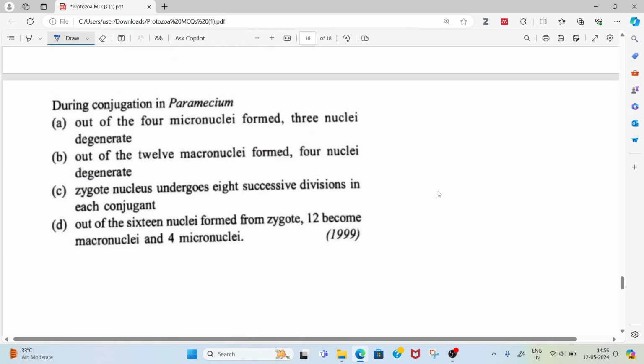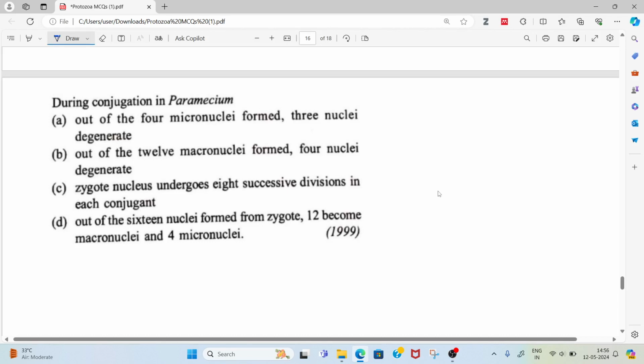Next question, during conjugation in Paramecium. This is a question on reproduction in Paramecium, and you have to choose the correct answer. Out of 4 micronuclei formed, 3 degenerate. Twelve micronuclei are never formed in Paramecium, so that answer is eliminated.